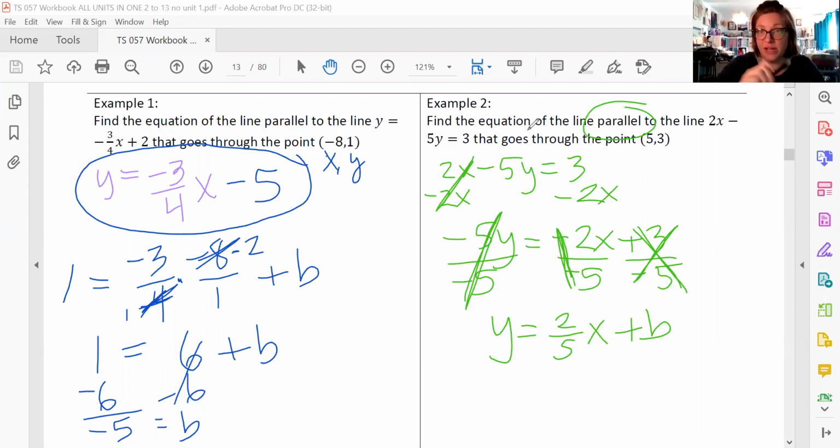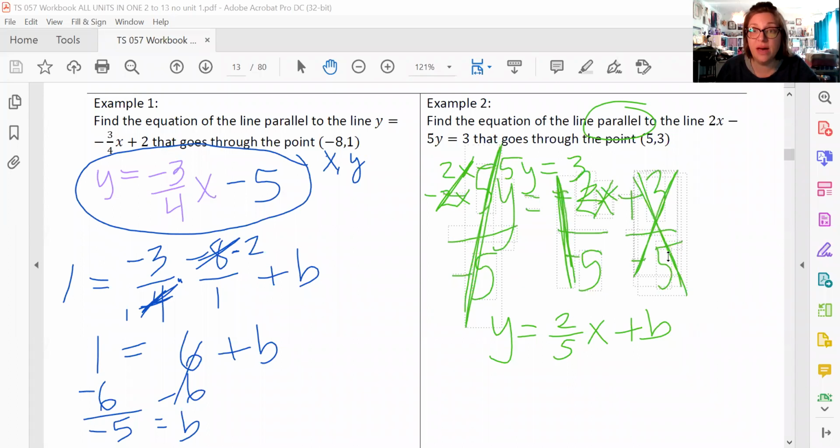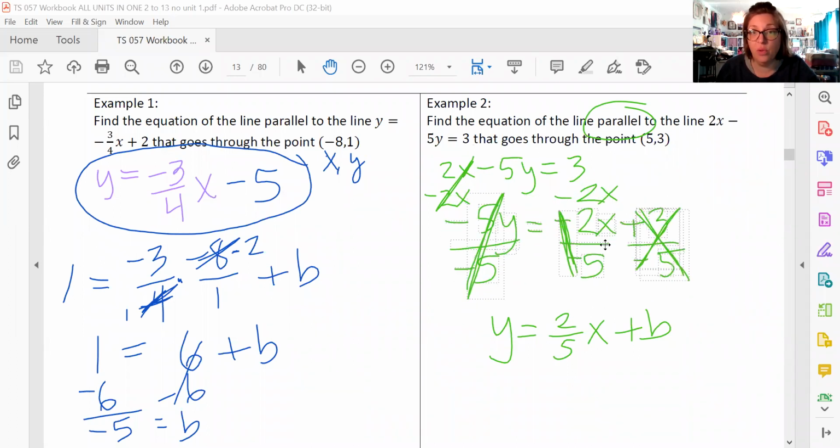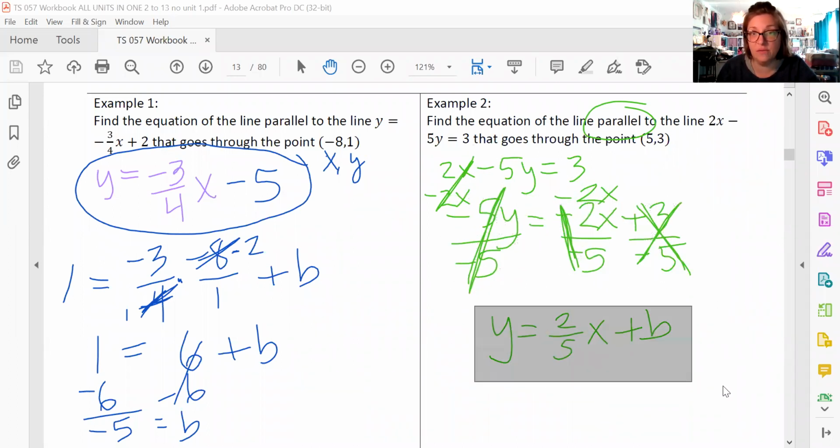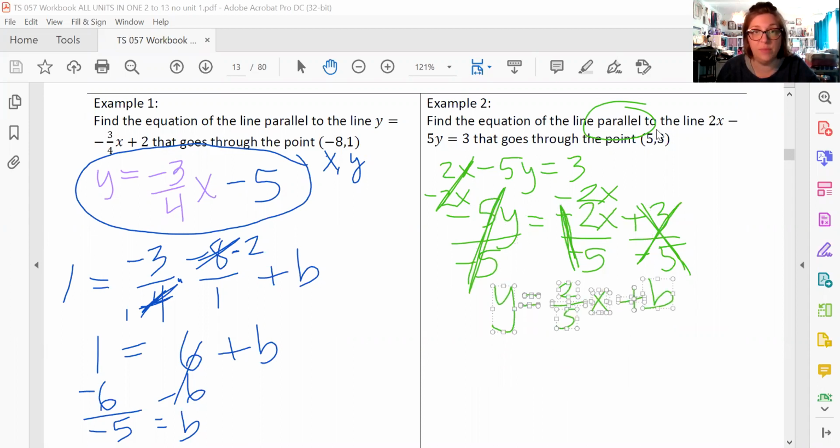And again, I'm looking for the parallel line, so that means that the slope is going to be the same. So now I have this information, I can go ahead and use the point that they give me to solve for my new b. Again, 5, 3, so that's going to be my x and y.